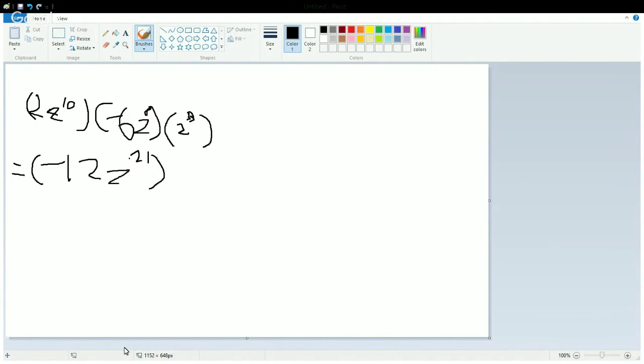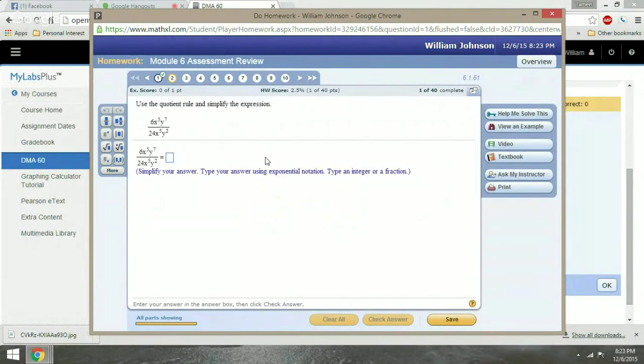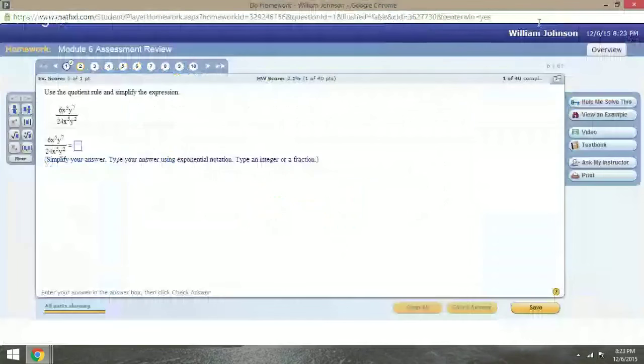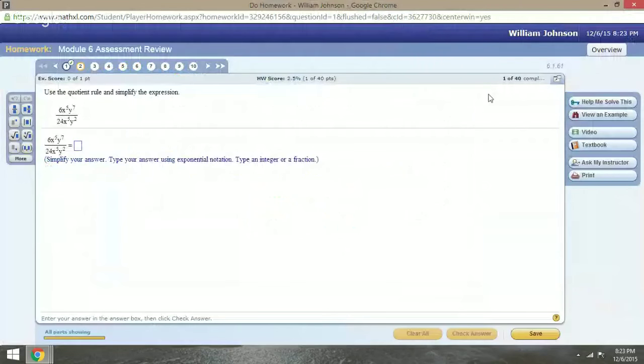Sorry, I should actually put you back on screen share first, so I can move the program and see what I'm doing. So that's going to be 6x to the 5, y to the 7th, over 24x to the 5, y to the 2.